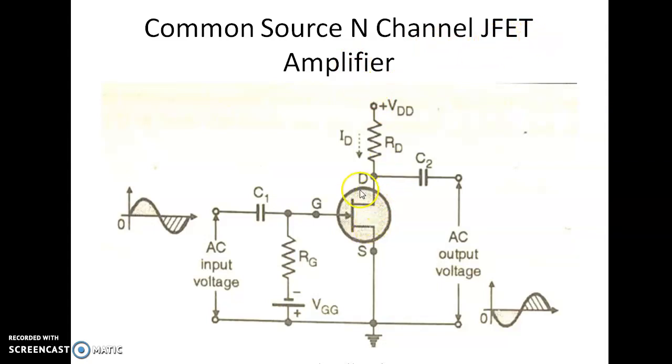Why is it an N channel? Because the arrow present at the gate terminal of the JFET points towards the vertical bar. This is called an N channel junction field effect transistor, because there is an N type channel and a P type region.